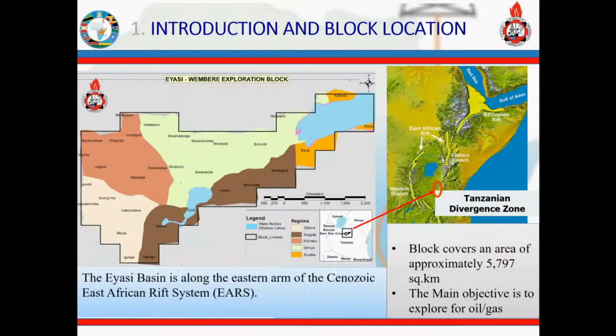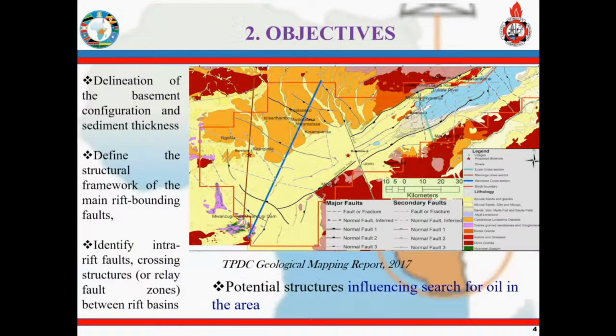So we decided to do an airborne gravity gradiometry survey in the area so that we can understand the nature of the basin, but also the approximate depth of this basin and some compartments within the basin. And the main objective is to explore for oil or gas in the area.